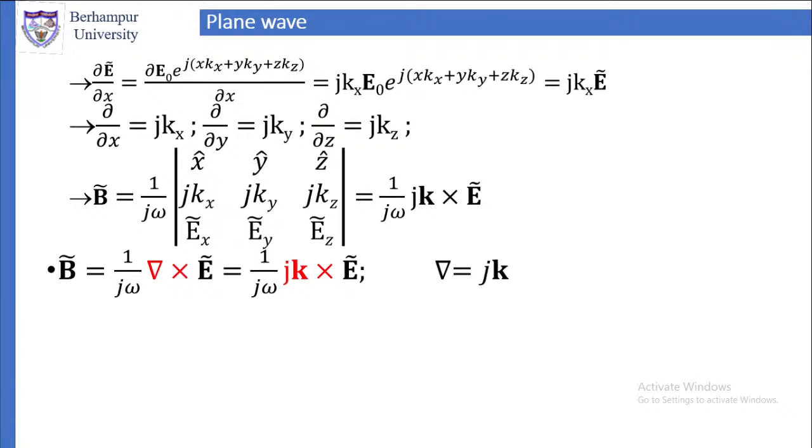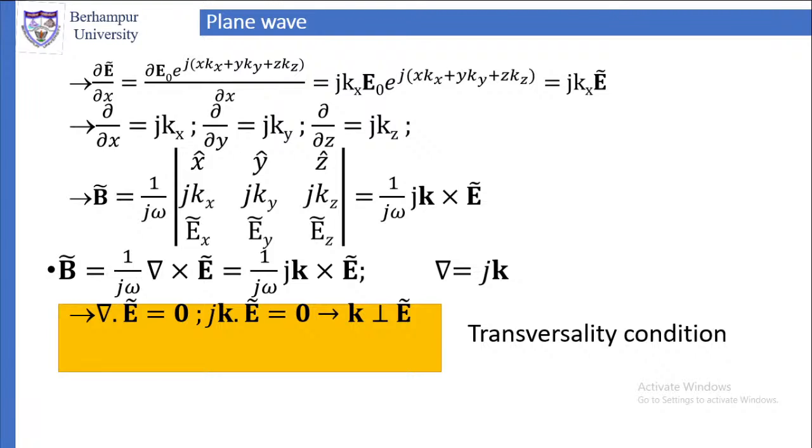Now, the fields must satisfy Maxwell's equations. So B tilde, E tilde, all these are going to satisfy Maxwell's equations. Now, in a source-free region, you know divergence of E is equal to 0. Therefore, divergence of E tilde is equal to 0. Now, for del, we can write jk. So, jk dot E tilde is equal to 0. If jk dot E tilde is equal to 0, j is not equal to 0.